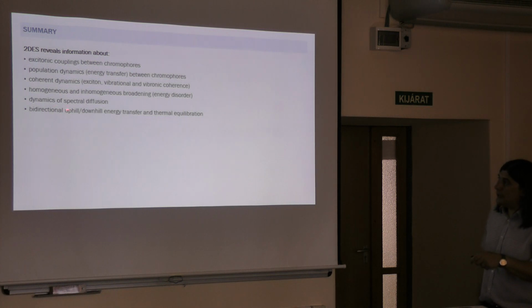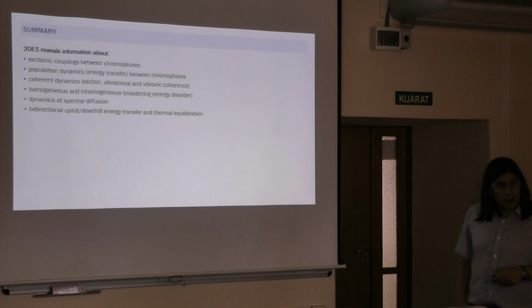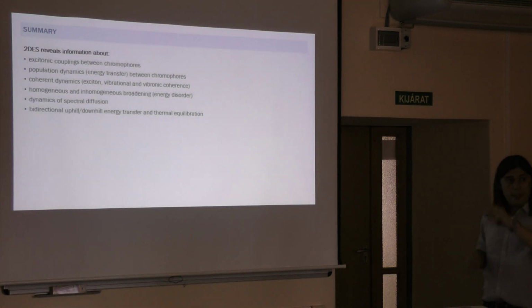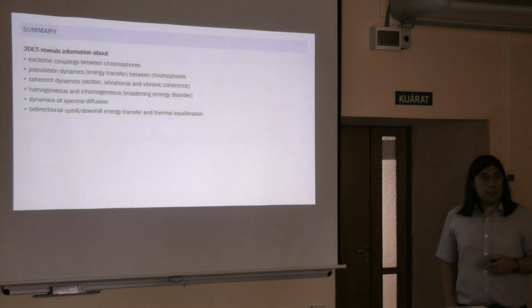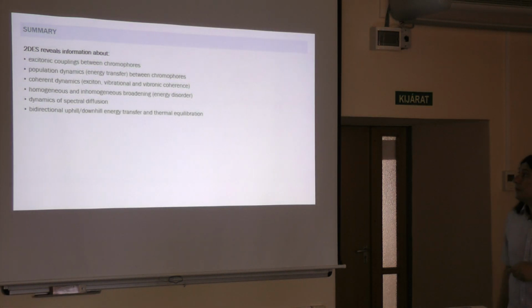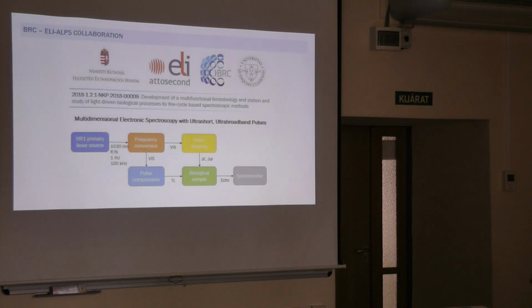We can separate the bidirectional uphill and downhill energy transfer by comparing the symmetric cross peaks on the two sides of the diagonal. These are basic answers about our molecular system in a simplified way that we can get directly from the two-dimensional spectra. All right.